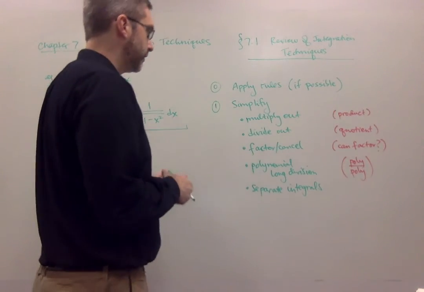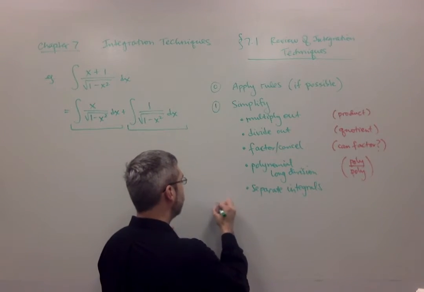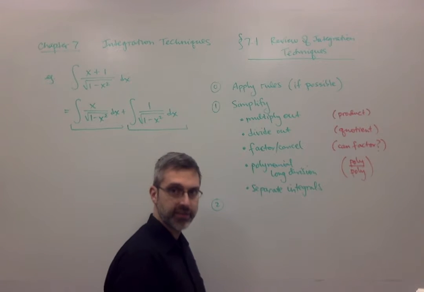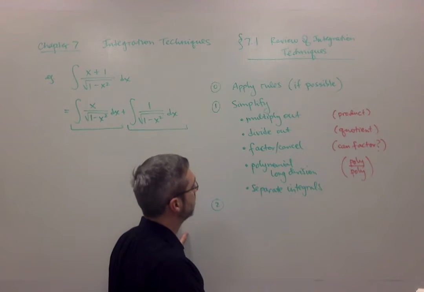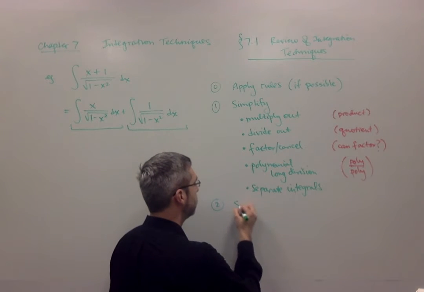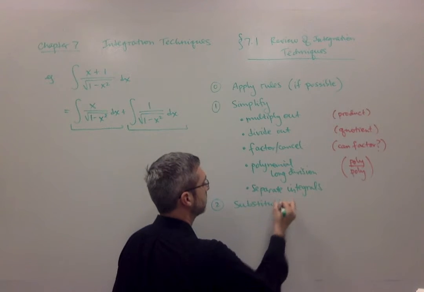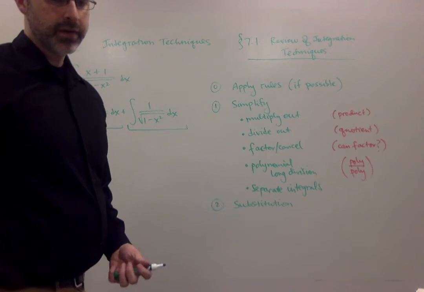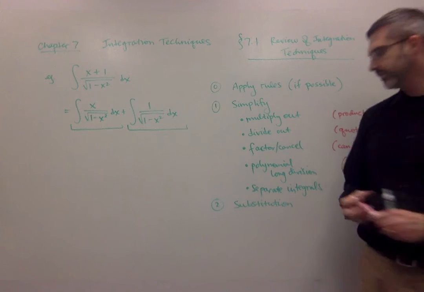We've seen different ways that we try to simplify these integrals. And then the last technique that we have right now, we're going to add to this list at some point when we get back from spring break. But the last technique that we have is substitution. And you remember what we're looking for here, substitution came from the chain rule.